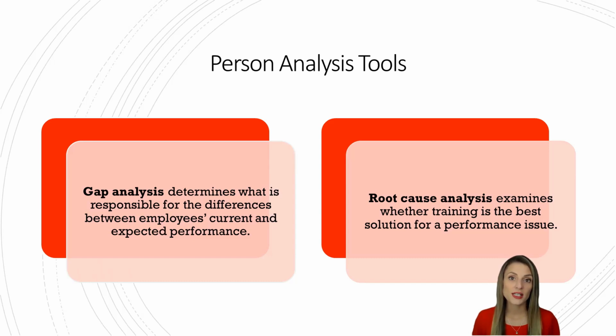A root cause analysis goes a step further and attempts to understand what caused the gap. Were performance expectations clear? Did employees receive feedback? Did they have opportunities to practice? By asking the right questions, we might be able to identify other solutions that may work better than training.